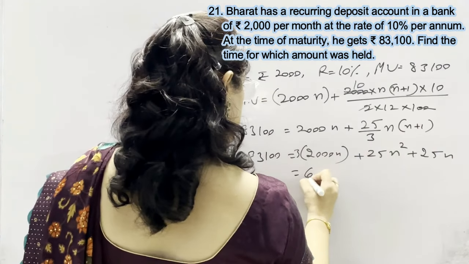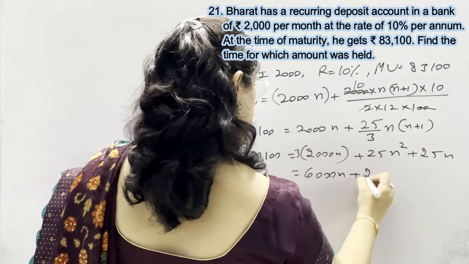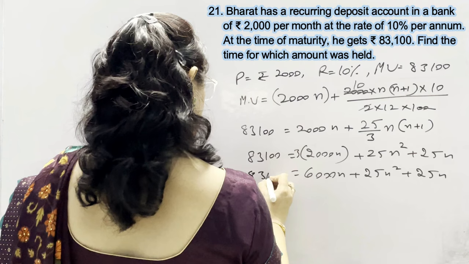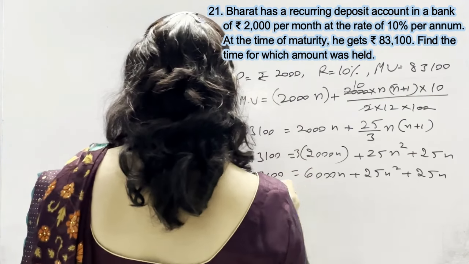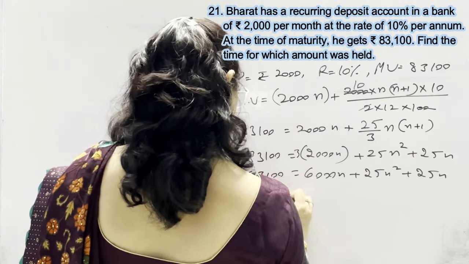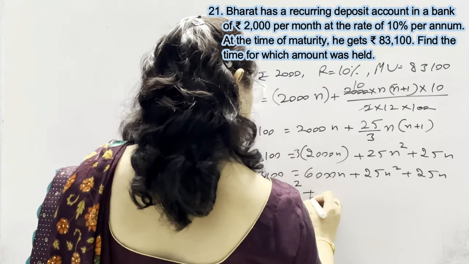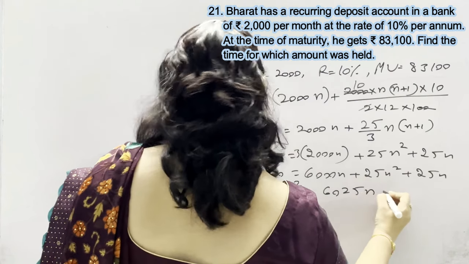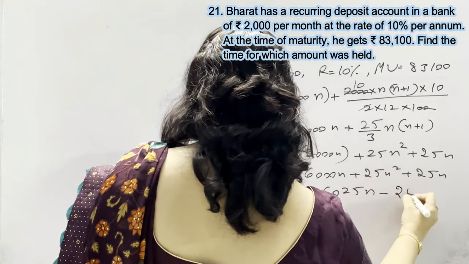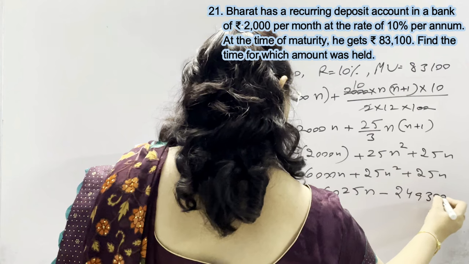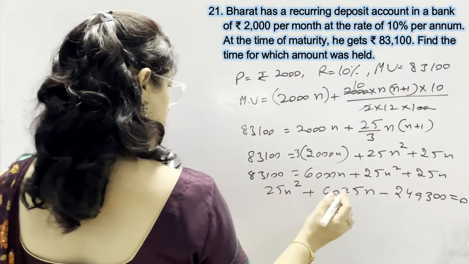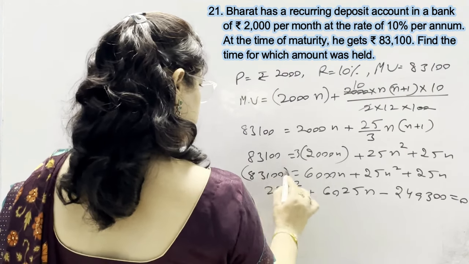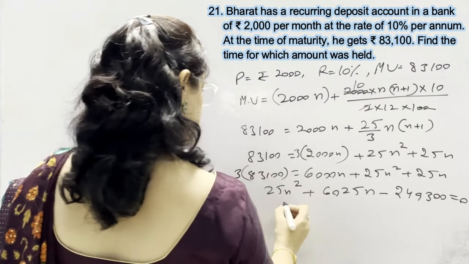So this is 6000N, 25N square, 25N, 83100. So 25N square plus, adding these two, 6025N minus 249300. This is our final quadratic equation after multiplying with 3 here.